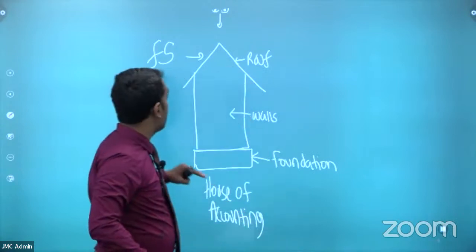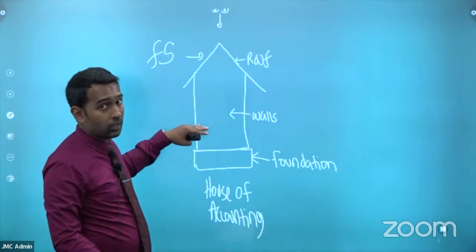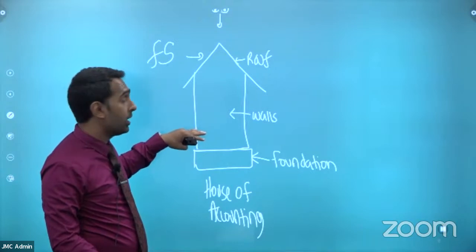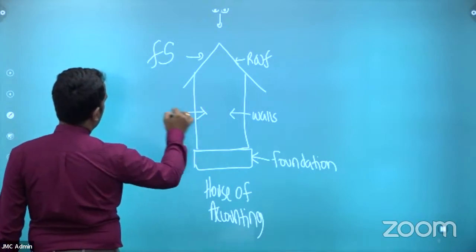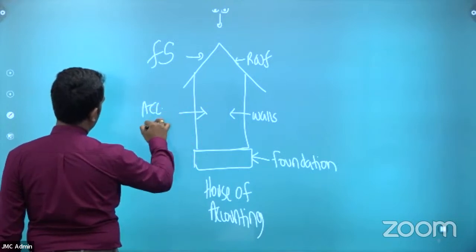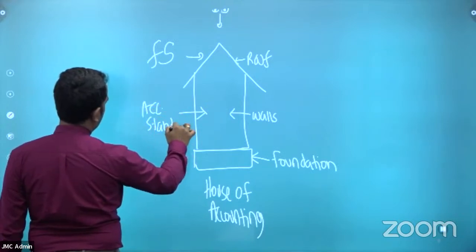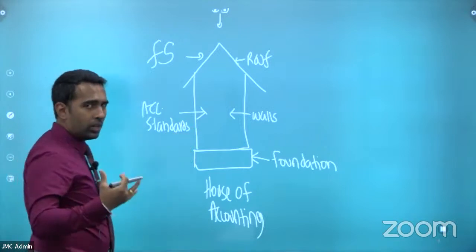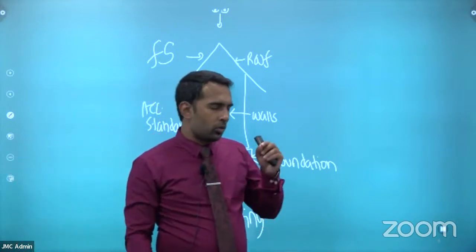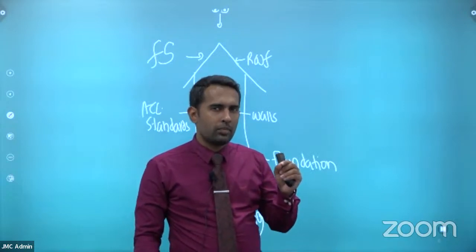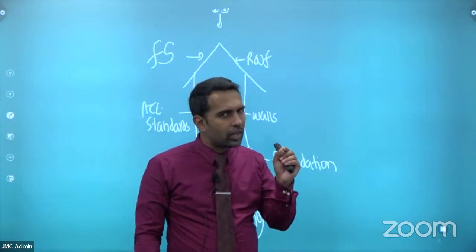Now we can see this roof is built upon certain walls. So these walls are what we call the accounting standards. Accounting standards are the specific guidelines for a particular type of financial statement element, a specific type of an asset.